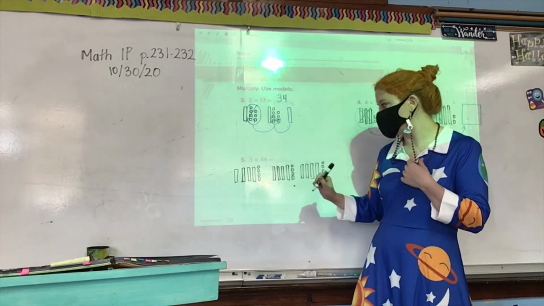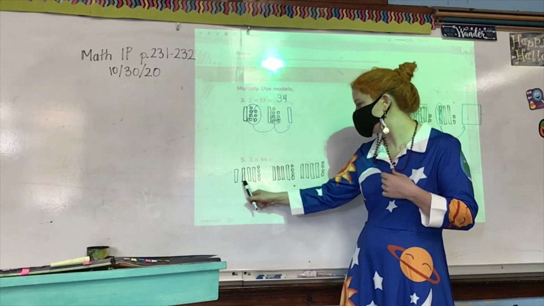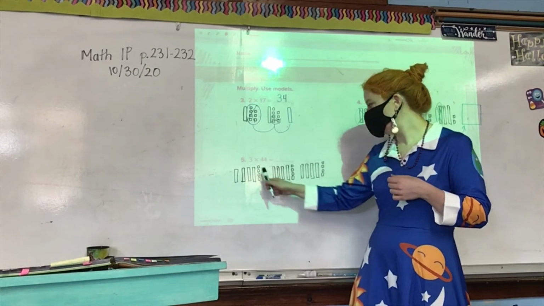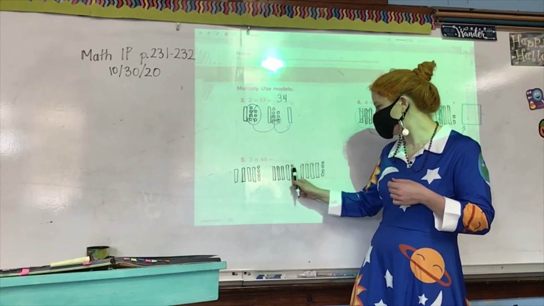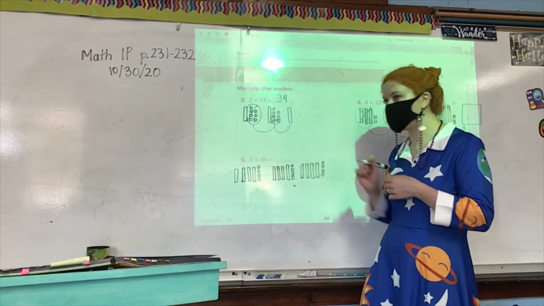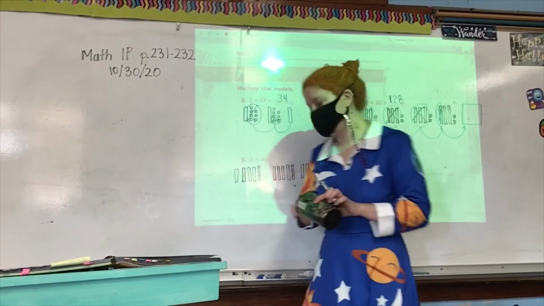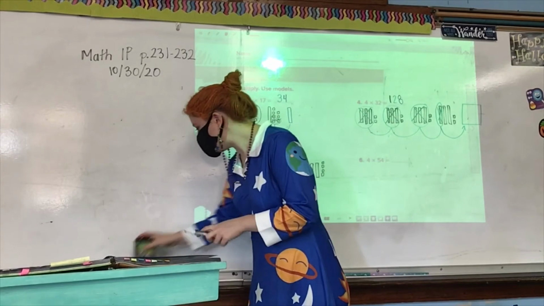Make sure I have 4 ten rods each time and 4 ones cubes. 1, 2, 3, 4. 1, 2, 3, 4. Okay? Now what? Oh wait, sorry, somebody else. Sorry, what do we do next?